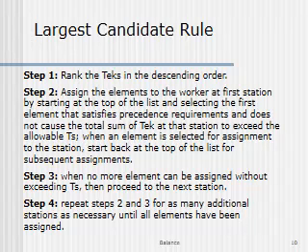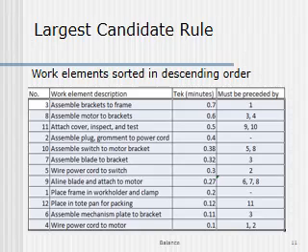The first step is that, based on the timing, we arrange the operations in descending order. Then we arrange the cycle time, and based on the cycle time we draw the table. This is a given example, and based on it we implement the largest candidate rule.